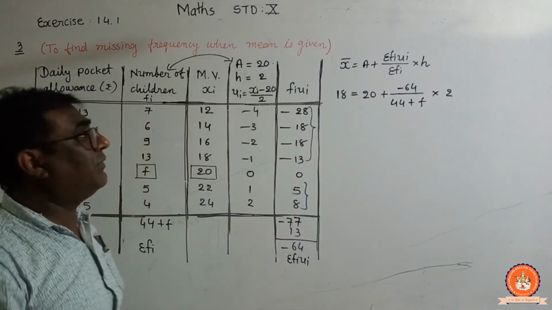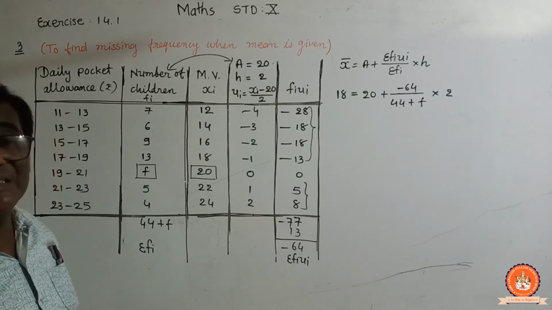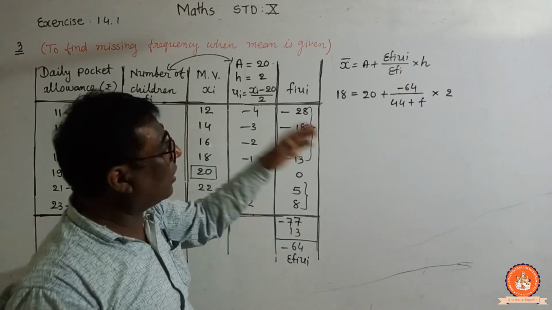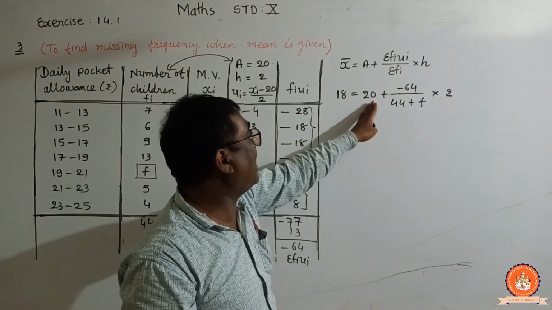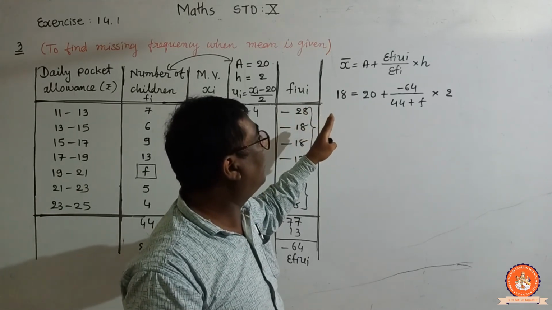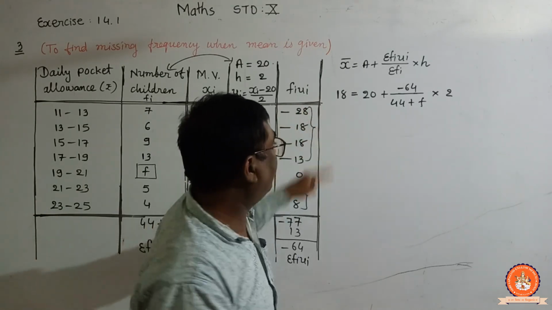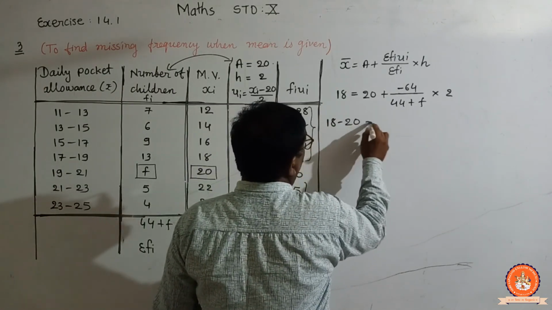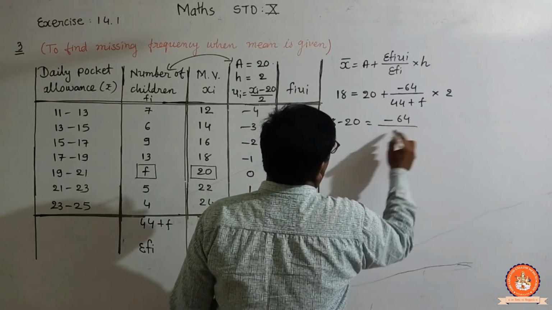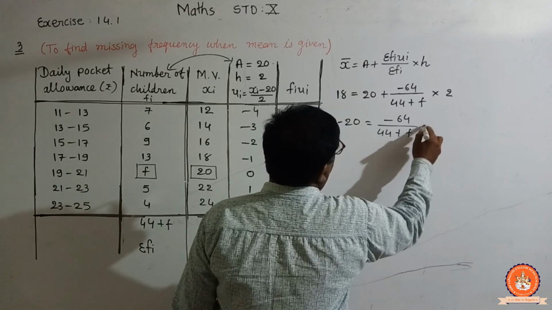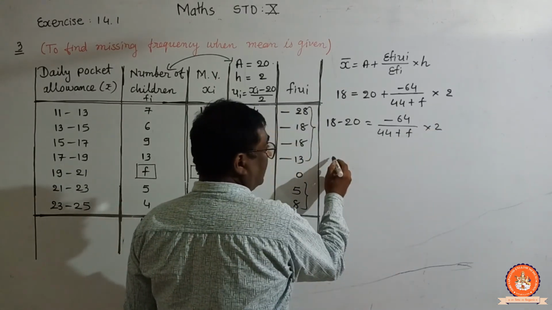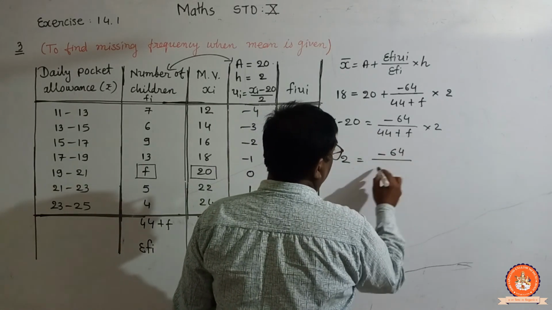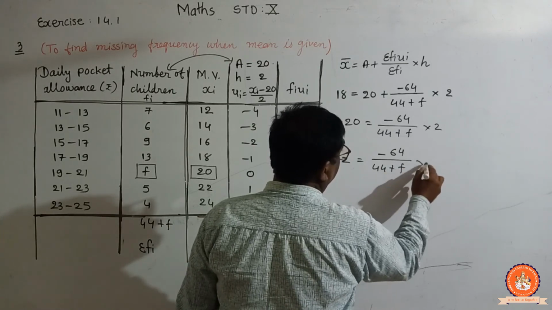So whenever you are solving a question in which frequency is missing, whether mean is given or median is given, you always have to subtract the value of A from the value of x bar. So subtract 20 from 18. It is minus 64 divided by 44 plus f into 2. So 18 minus 20, that is minus 2, is equal to minus 64 upon 44 plus f into 2.